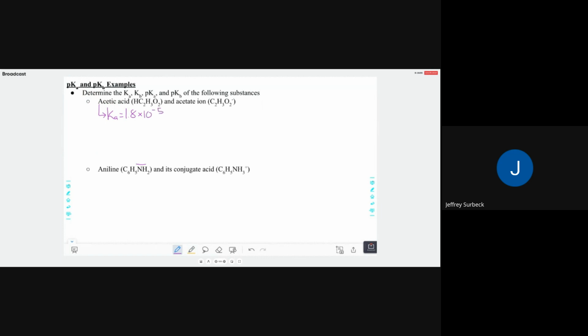Now, we've actually seen this in our example problem here, but we can go ahead and solve for our Kb by using our formula: 1.0 times 10 to the negative 14th equals our Ka, which we know from the chart is 1.8 times 10 to the negative fifth, times our Kb.